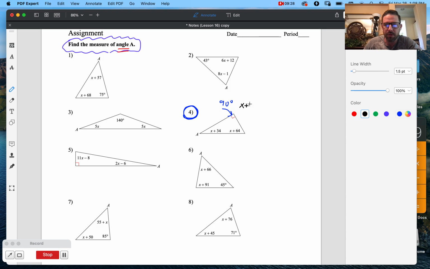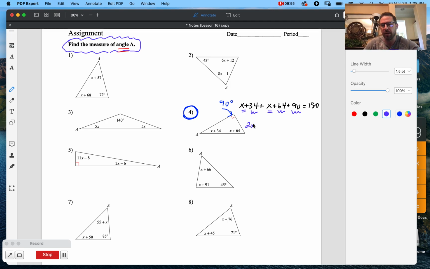We're going to say x plus 34 plus x plus 64 plus 90 equals 180. Remember, it always equals 180. Okay, now let's combine like terms. I've got my x, that's 2x. I've got 34, I've got 64, and I've got 90.